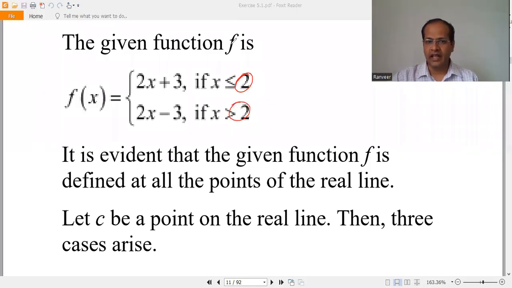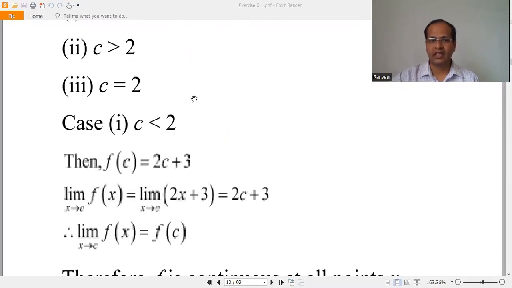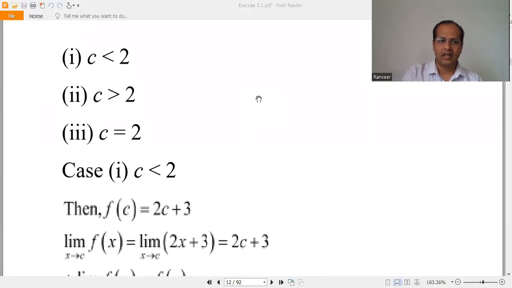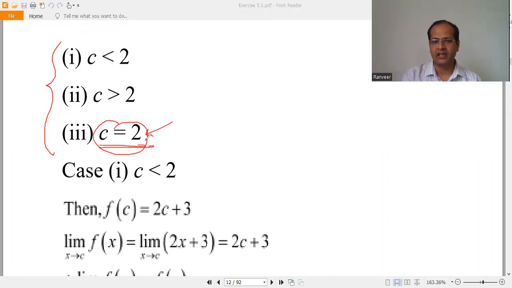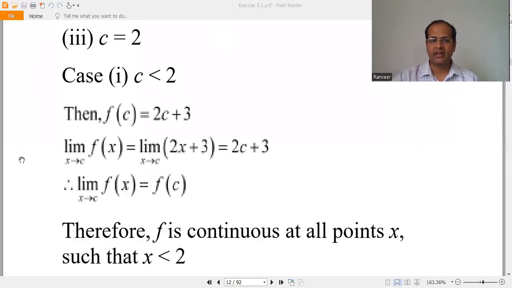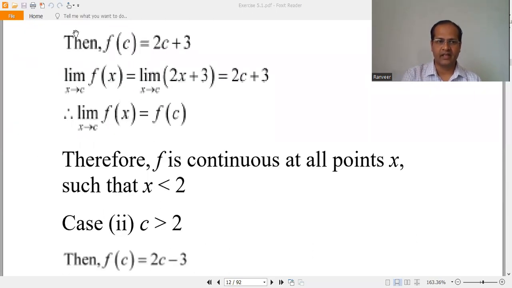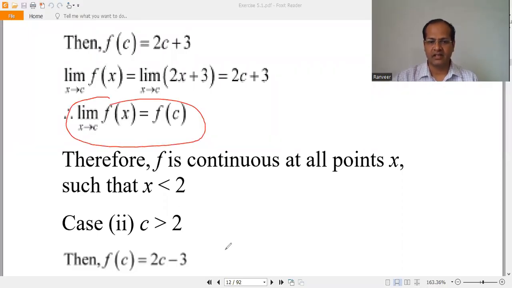But for less than 2, if we want to check, there are 3 possibilities: less than, greater than, and c equal to 2. That particular point is discontinuous. But for c less than 2, the given function definition is 2c plus 3 and the limit as x tends to c of f(x) equals f(c). So that's why the given function is continuous at x equal to c.